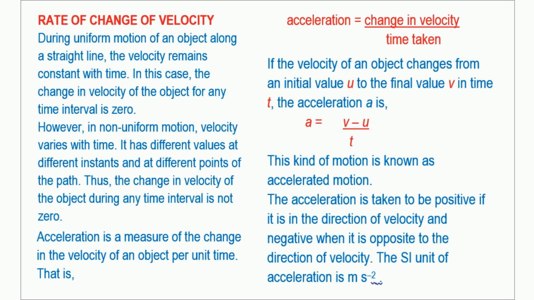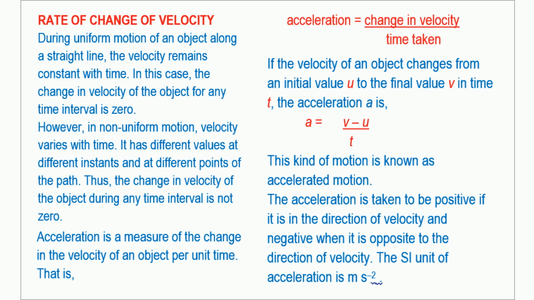If we raise it, that is, if we give accelerator, the speed will increase, and when we release it, the speed will decrease. So the accelerator is used to change the speed, that is, to change the velocity.